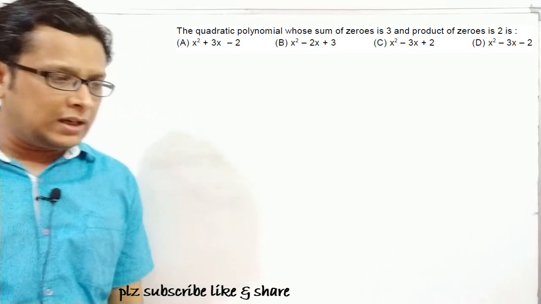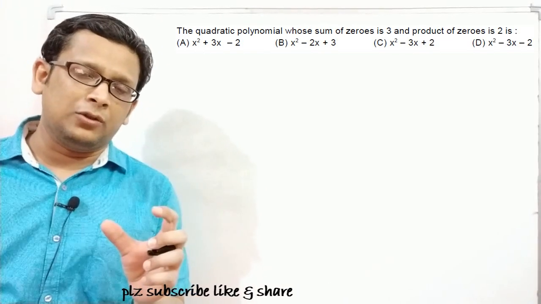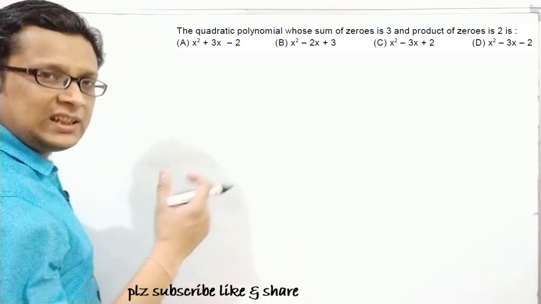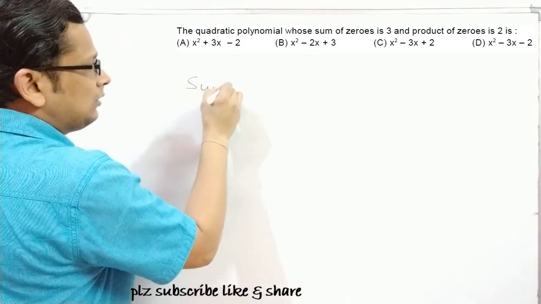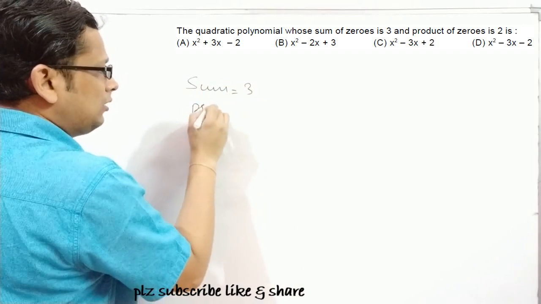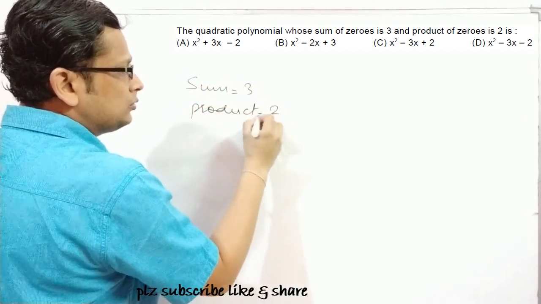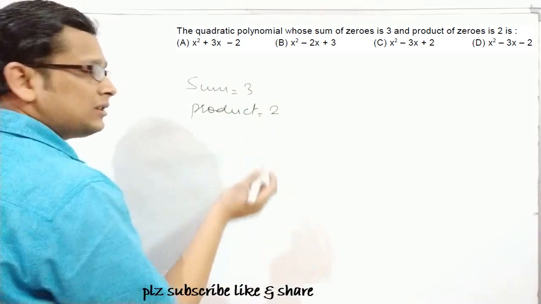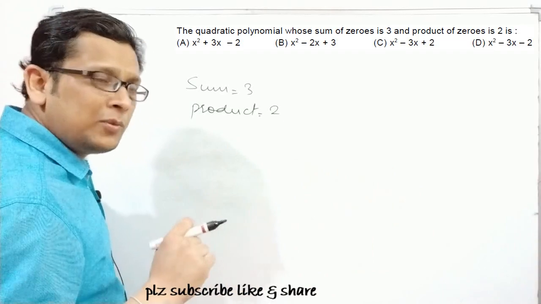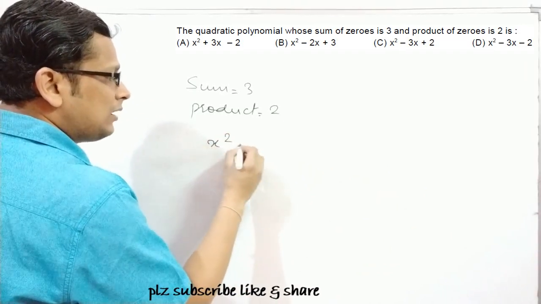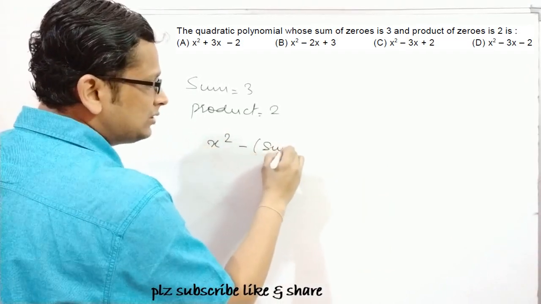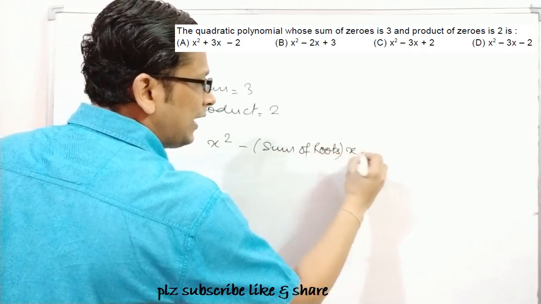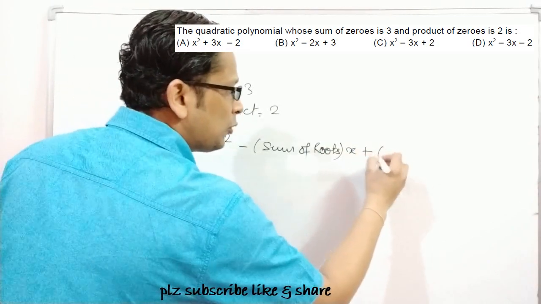The second question: we have to form a quadratic polynomial whose sum of the roots is 3 and product of the zeros is 2. The standard form to form any polynomial is x square minus (sum of the roots, or sum of zeros) into x plus product of the roots.